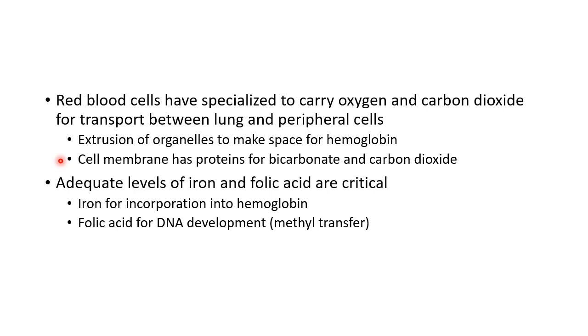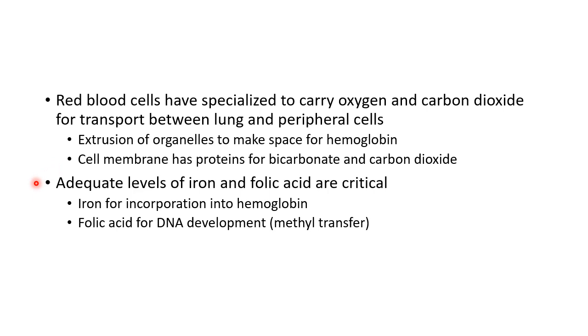The bicarbonate goes into the inside of the red blood cell, and as the red blood cell now goes back into the lung, it then releases the bicarbonate, which then becomes carbon dioxide again for exhalation.